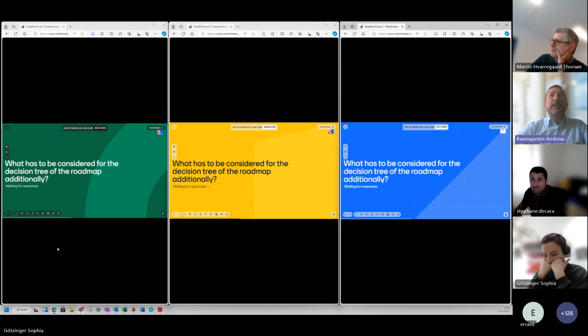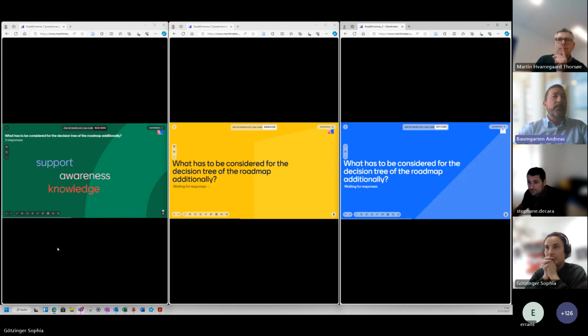So is there anything that has been missing in this decision tree, to your opinion? Or are the most important aspects covered by this decision tree? Or do you have any request for changing something in this decision tree? Perhaps while we're reflecting on this, we can show the screen with the decision tree.